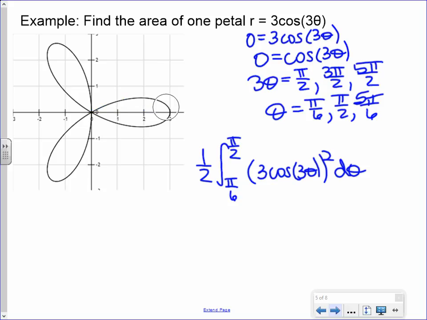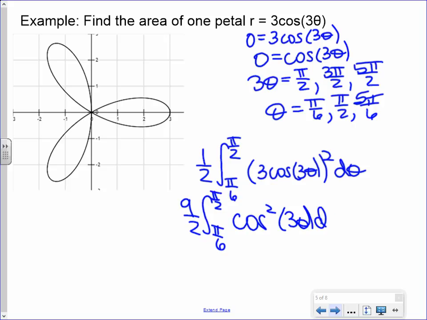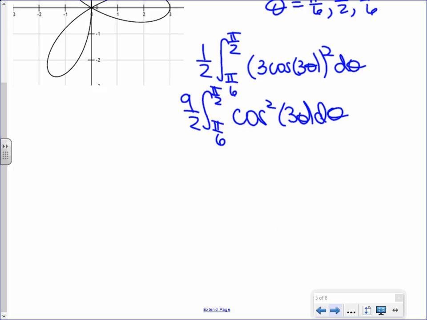All right, so I'm going to change this to 9/2 times the integral from pi over 6 to pi over 2 of cosine squared of 3 theta. How are we going to rewrite that? It's 1/2 plus 1/2 cosine of 6 theta.